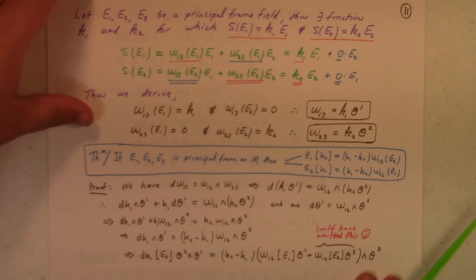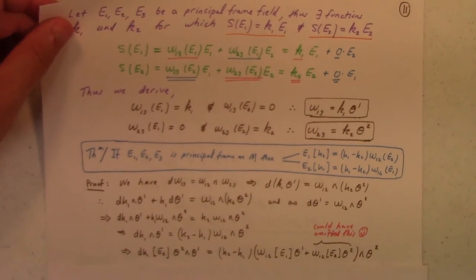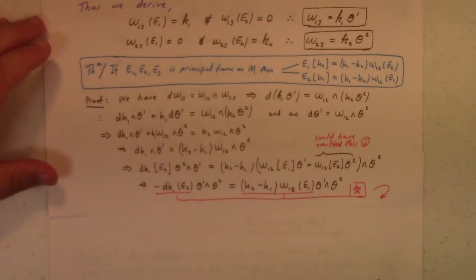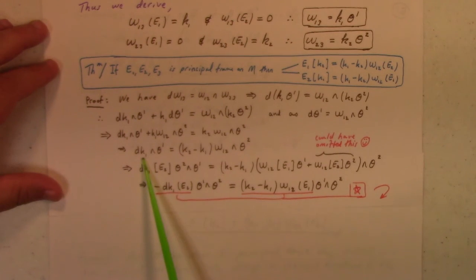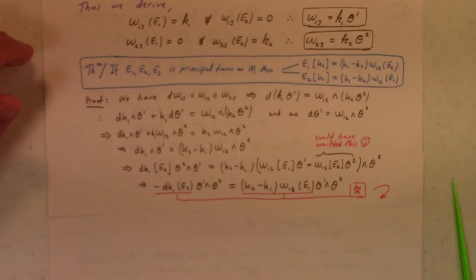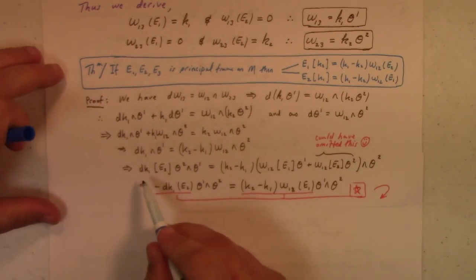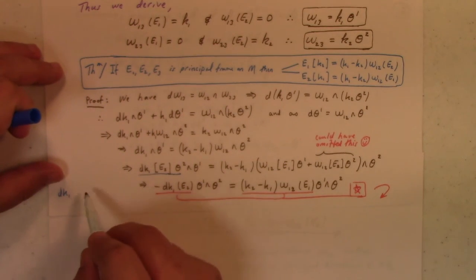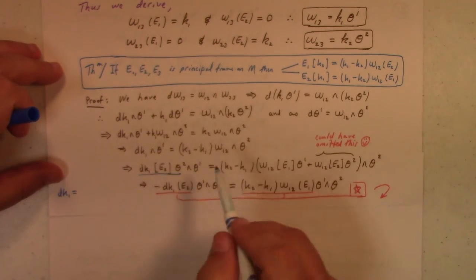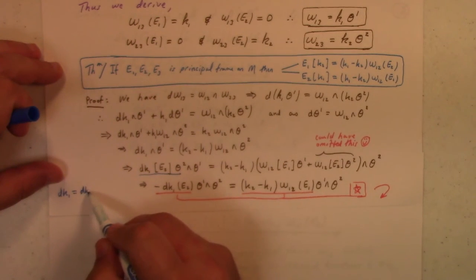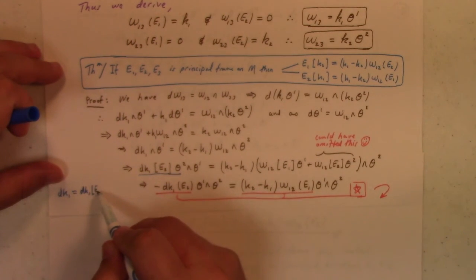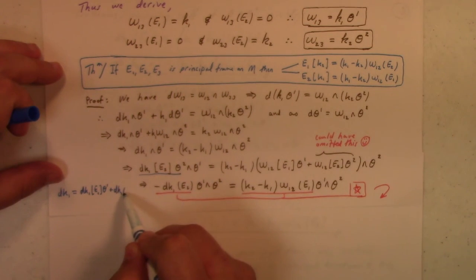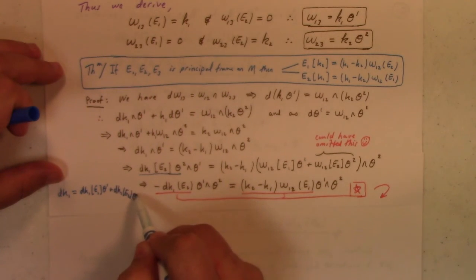And then what I do, now O'Neill says he lets it act on E1 and E2, and that's fine, but I prefer to use the expansion of these one forms, like dK, into its components. So dK1, for example, I just wrote this piece of it, right? But really dK1 would be dK1 acting on E1 times theta 1 plus dK1 acting on E2 times theta 2, right?